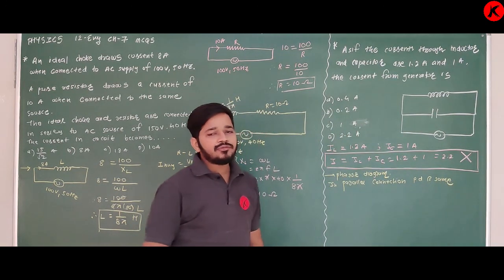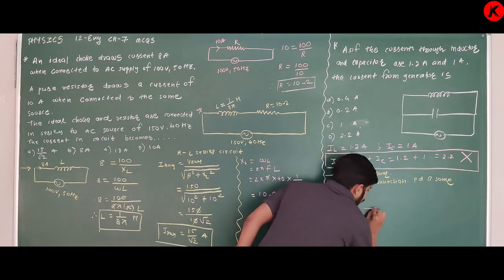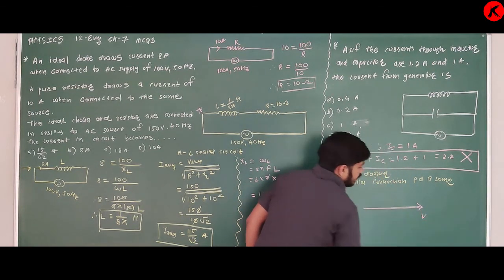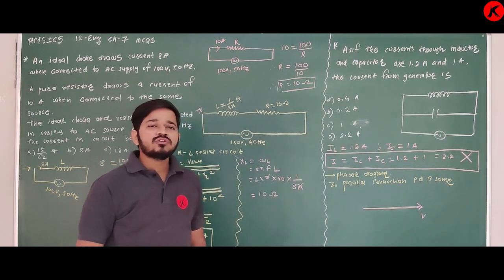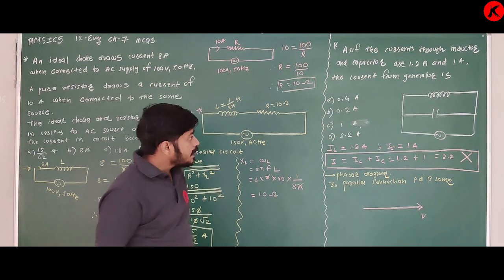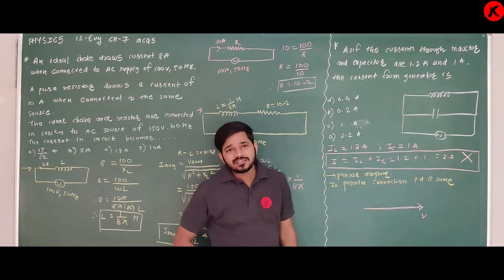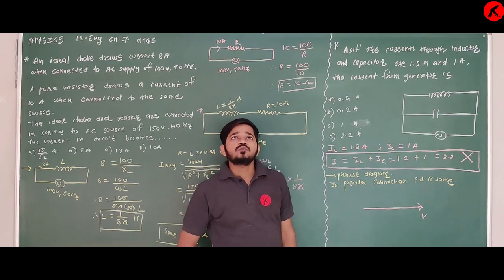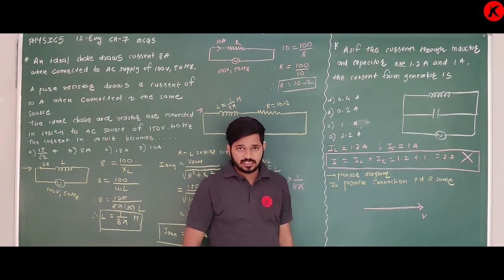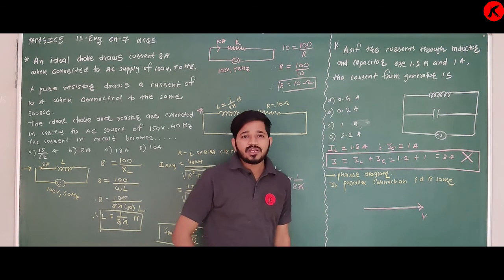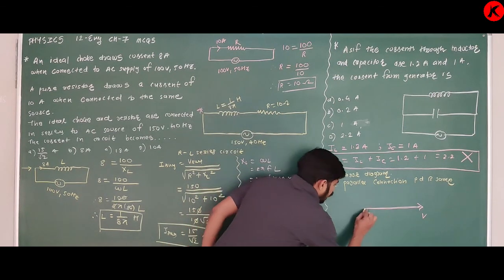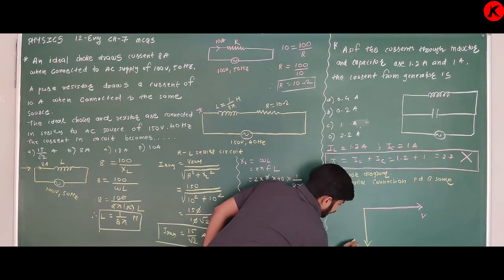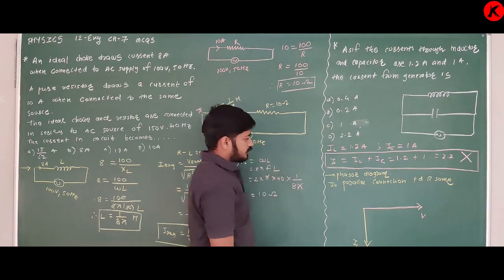So first I will decide the phasor of V in one direction. Now we know for an inductor, current lags behind voltage by phase pi by 2. So obviously IL will be in this direction.